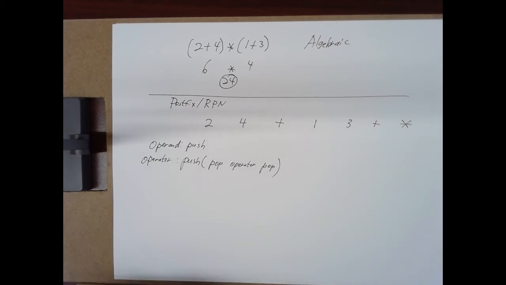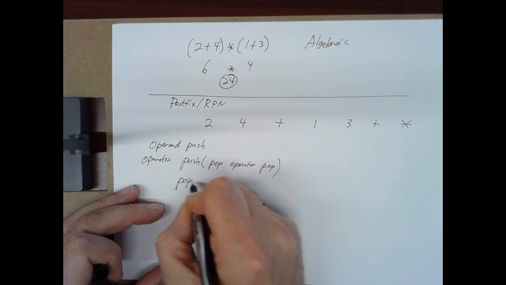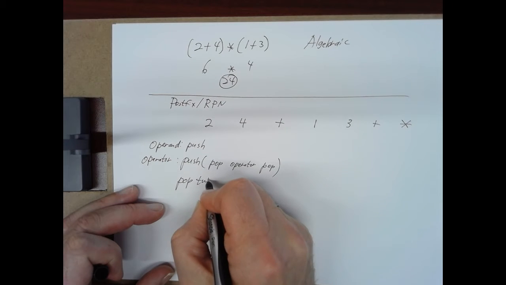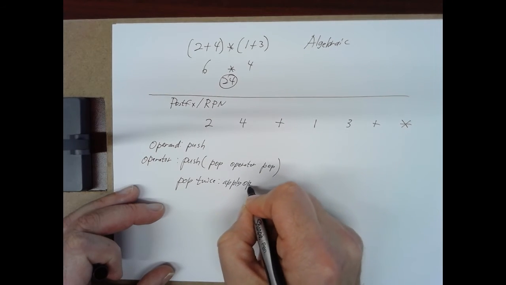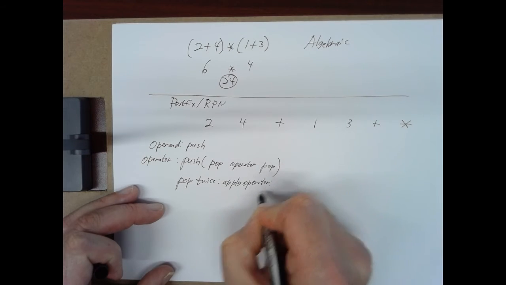So if you have an operand, you just push it on the stack. When you get to an operator, plus, minus, times, divide, pop 2 things off, apply your operator to them, and push the result onto the stack. Okay, so pop twice. Apply operator, push result.